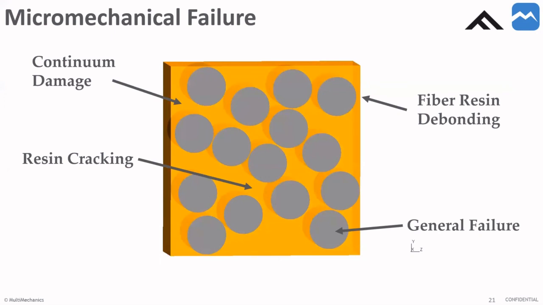I myself have done a lot of research prior to MultiMech, experimentally looking at microstructural properties, and the interface is huge. This governs the properties of these materials. And there are a lot of different types of measurement, whether it's fiber pull-out, micro-droplet, or single fiber fracture tests.